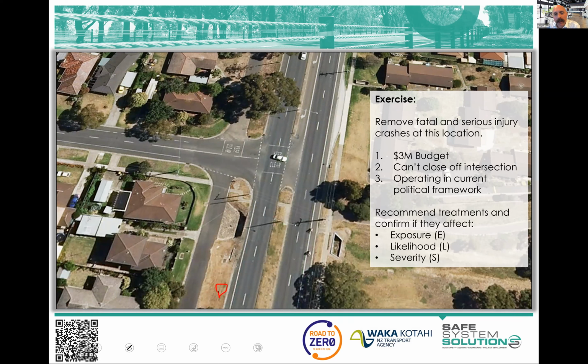I want you to type that into the chat when you get to your ideas, say, intersection ahead warning sign, and then put either a little E or a little L or a little S to indicate whether it's going to influence the exposure to crashes, the likelihood of crashes, or the severity of crashes. Now, if we were to do a warning sign, for example, I'll give a prize. Who can tell me? Exposure, likelihood, or severity? What are we going to influence?